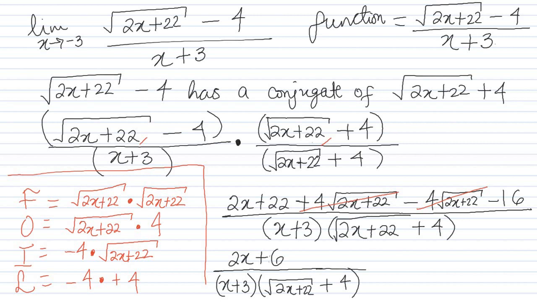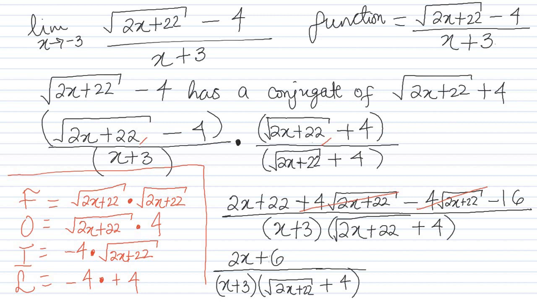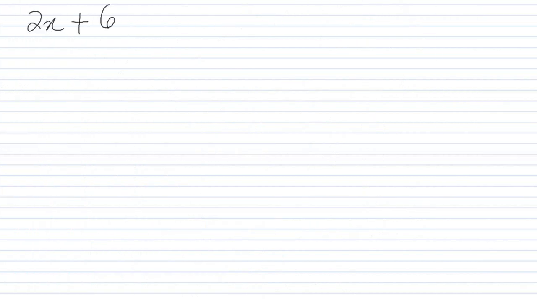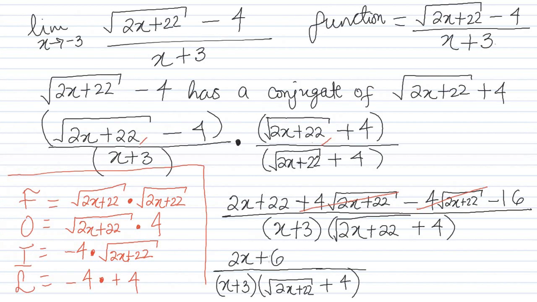So now, how do we do this? I'm going to go to the next page and rewrite what we had at the bottom. We have 2x plus 6 divided by x plus 3, multiplied by 1 over the square root of 2x plus 22 plus 4.